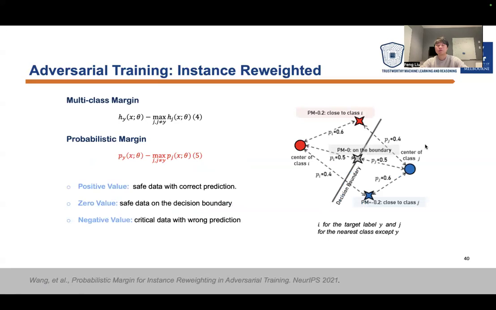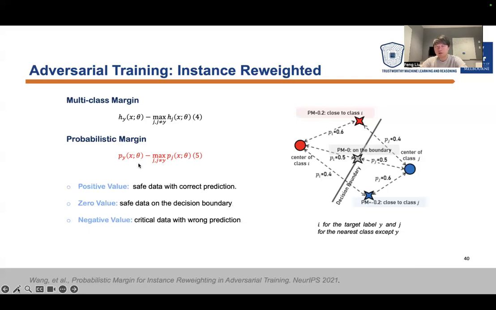So this is our probabilistic margin. For example, if y is the ground truth label and it is predicted correctly, this value might be close to 1, and this value is just the others, except for the ground truth y.